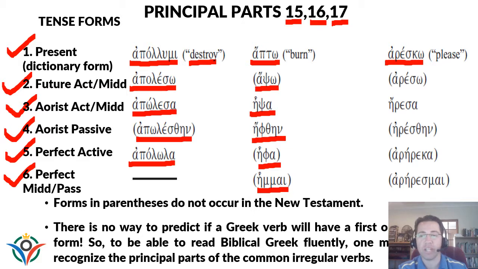So we have areskō, areso, aresa, aresthēn, areréka, and areresmai. All right, so please take the time to go through those carefully and with the intention of being able to recognize them in the Greek New Testament.